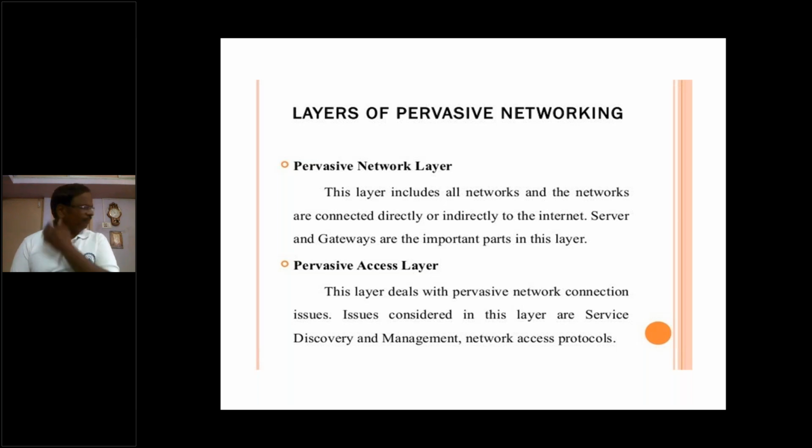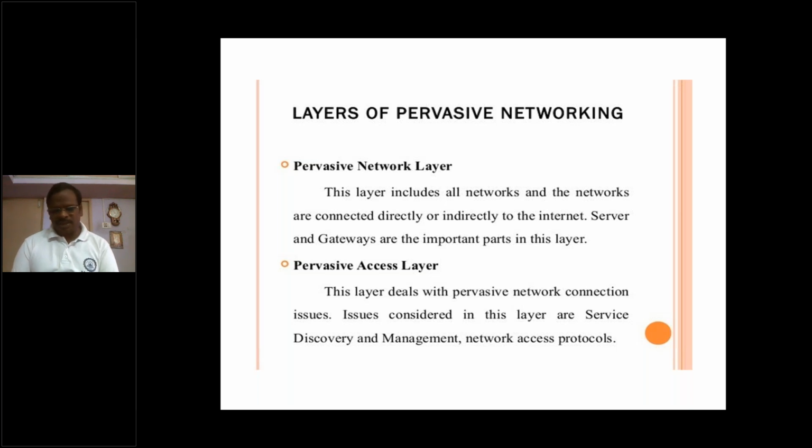The layers are connected. Servers and gateways are the important parts in this layer. Servers serve the information devices that are connected. What is the gateway for this connection-oriented layer? Everything is designed. But the pervasive access layer deals with the pervasive network connection issues based on some connection-oriented network issues. The issues considered in this layer are service discovery and management, and network access protocols.